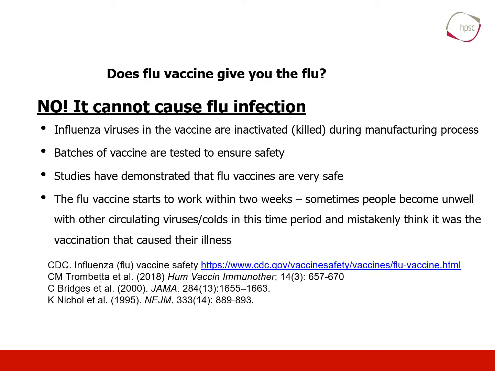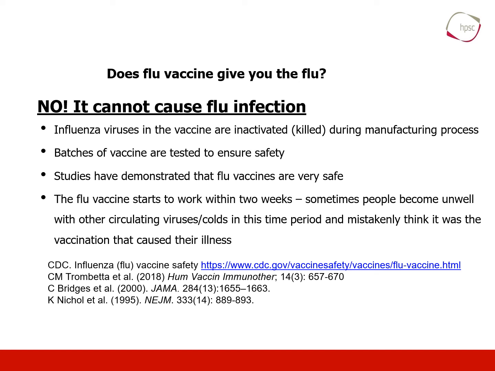Does flu vaccine give you the flu? Especially when we're talking about the shot vaccine or the killed virus vaccine, it's very unlikely that we're going to get flu because of the vaccine, because it's killed or inactivated. It was tested to ensure safety.